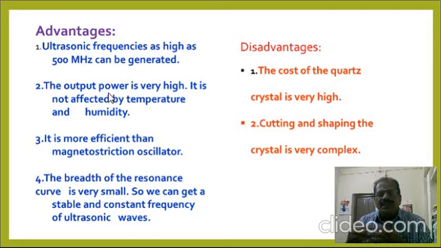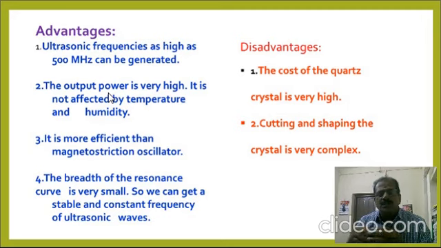Then the second one is that cutting and shaping the crystal is very complex. As I told you, the quartz crystal must be cut. In order to use quartz crystal to produce ultrasonic waves, the first condition is that it should be cut perpendicular to its optic axis. So first of all, you must know in which direction it has its optic axis, and you have to cut the quartz crystal perpendicular to the optic axis.